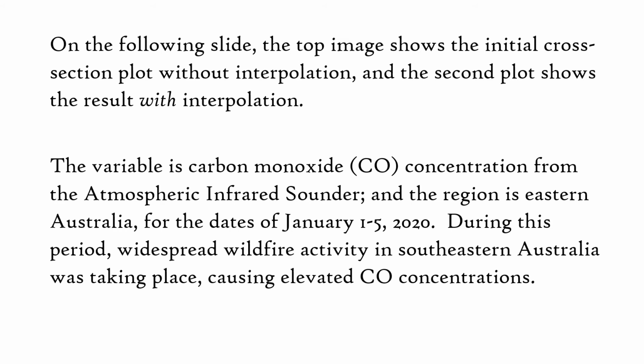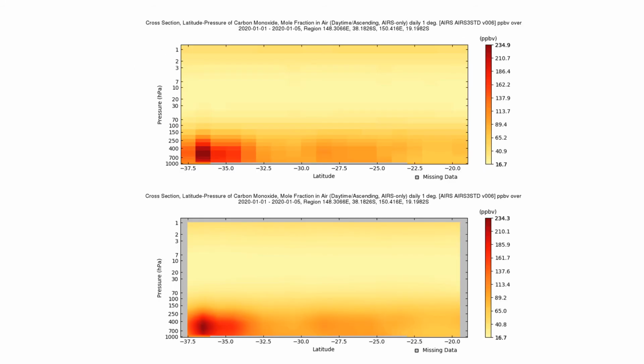During this period, widespread wildfire activity in southeastern Australia was taking place, causing elevated CO concentrations. As seen here, the carbon monoxide concentrations were highest in southeastern Australia and reached higher levels of the atmosphere. The vertical units are hectopascals, a unit of pressure, and the concentration units are parts per billion by volume.